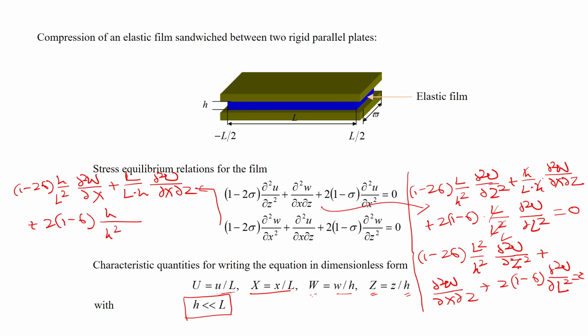So, this is H square, and therefore del square capital W by del Z square, equal to 0. Here again this L gets cancelled, and H remains.